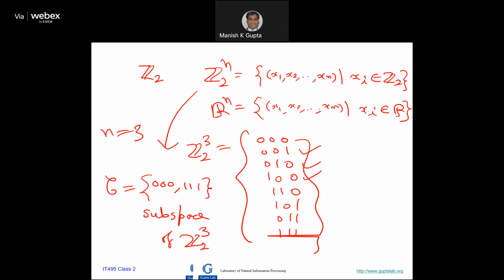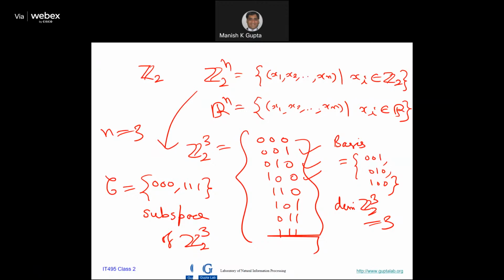Each vector you can generate using these 3 independent vectors. So these 3 independent vectors form what is known as a basis. You must have studied this in vector spaces, right? Basis. So the dimension of the whole space is 3 here, because this is a basis.